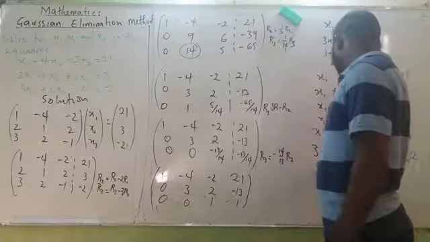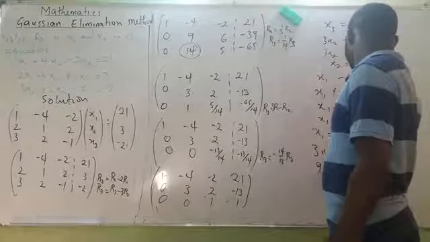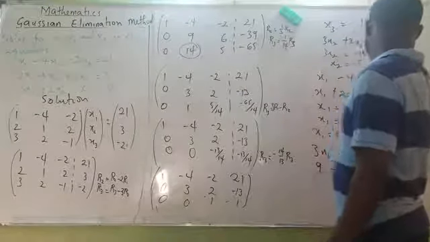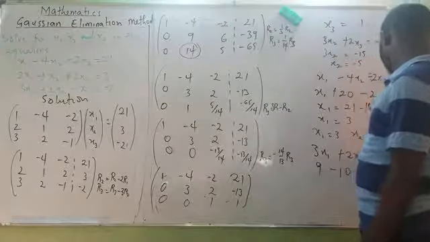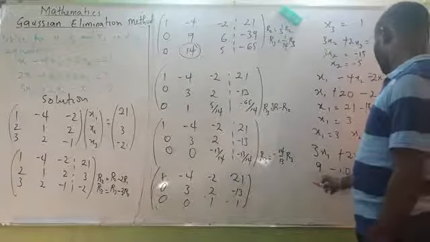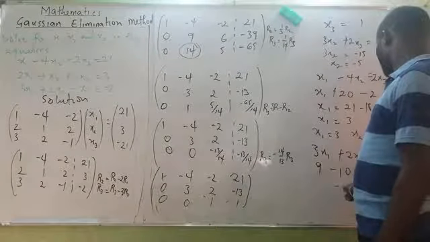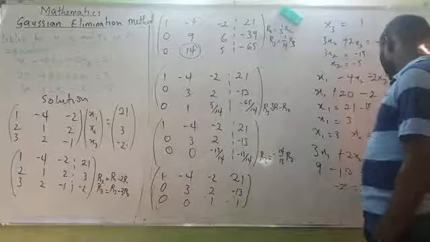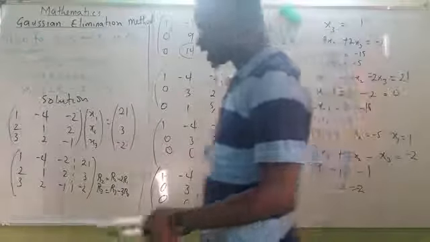I have 9 plus, it will be minus 10, and this also will be 1, minus 1. This minus this, it will be minus 1, which is minus 2 equals to minus 2. It is very correct. Now, it means I don't need to stress or recheck what I've done.